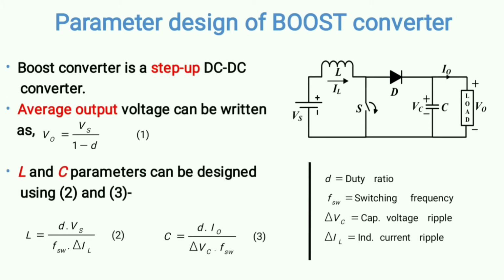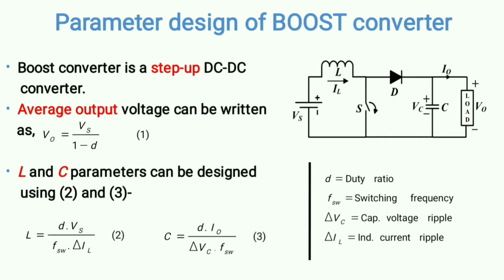See here, if your duty ratio is 1 or it tends to 1, your output voltage will be theoretically infinite or very high, which is not at all practical. So this is the limitation of a boost converter: your duty ratio cannot be 1 or go near 1. There must always be a maximum limit.